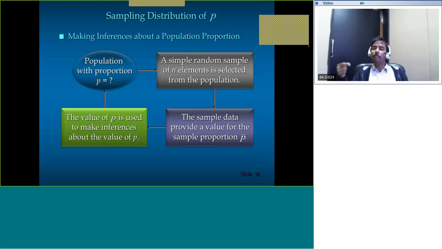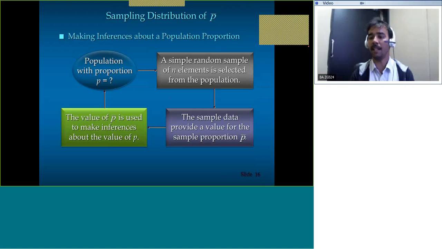This is known as the sample proportion or simply the test statistic. And using this sample proportion P bar, I will make an inference about my population proportion P, or the proportion of defective bolts in the big collection. So this is the concept of sampling distribution of P bar.